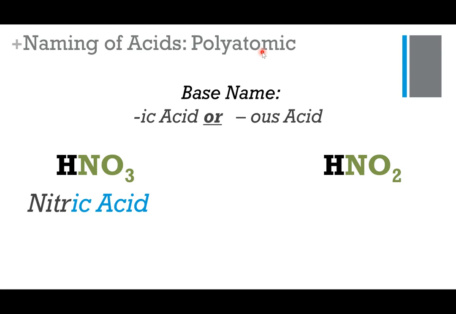Any of the ites, nitrite, sulfite, will be an ous acid. So this one is nitrous acid. This is probably the hardest thing from this whole entire chapter, remembering that ate is ic and ite is ous.